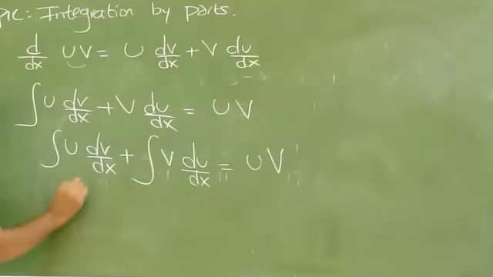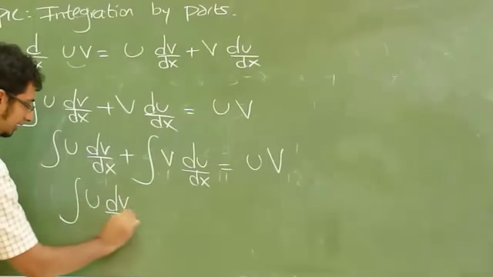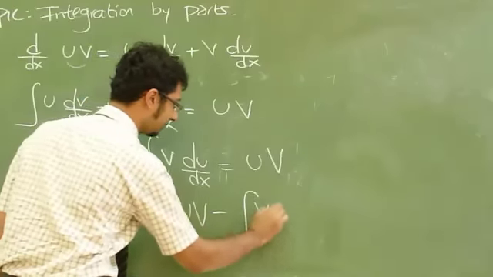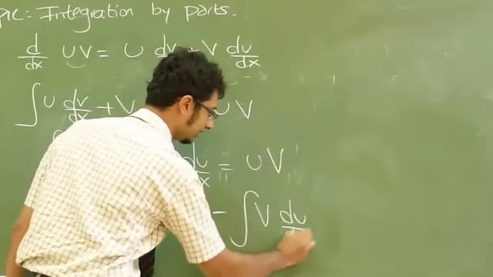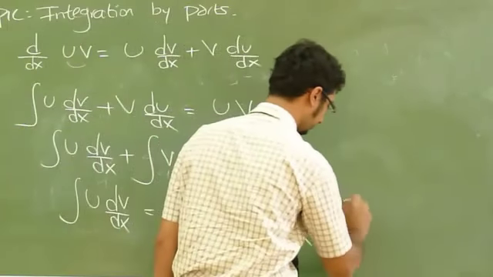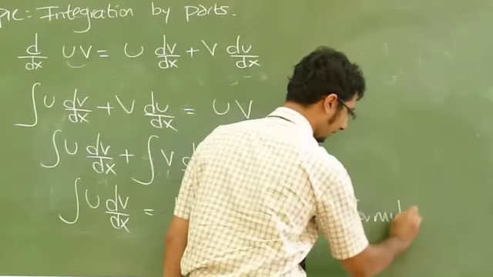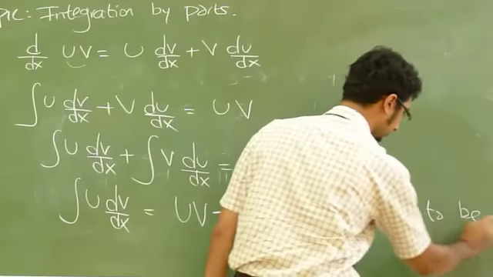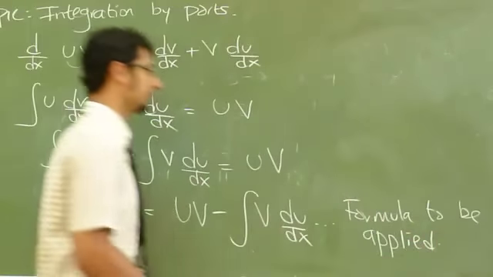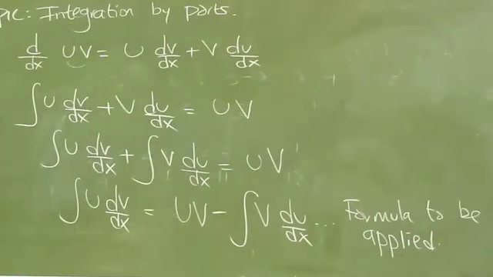So the integration of u dv/dx is simply uv minus the integration of v du/dx. That's the formula for integration by parts. That's the formula you get on the formula sheet, exactly the same thing: integration of u dv/dx equals uv minus integration of v du/dx.